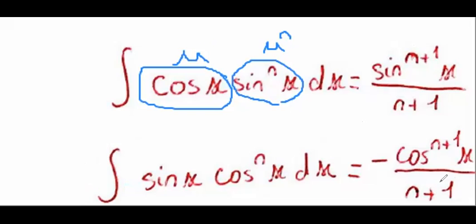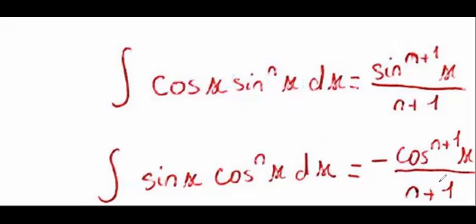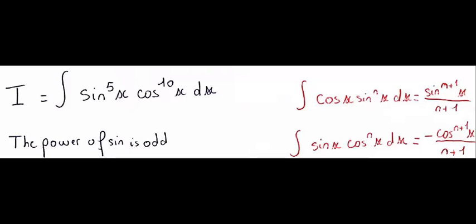Now, what's important here to see is that one of the functions is of power 1, either cosine or sine, and the other is to any other power. So our goal to solve this integral is to reach one of these integrals.